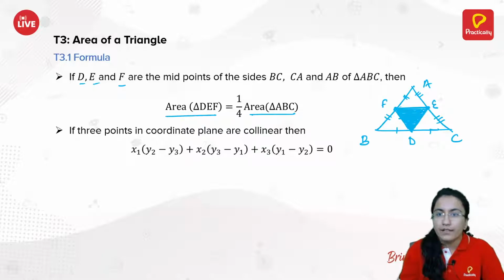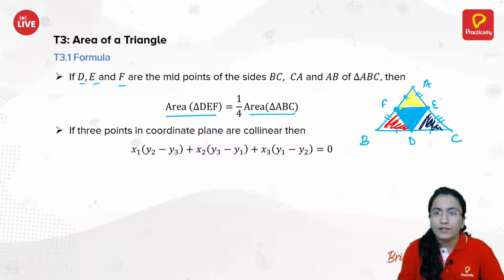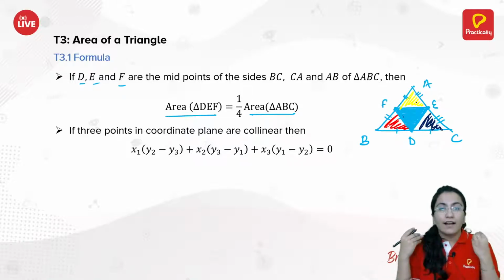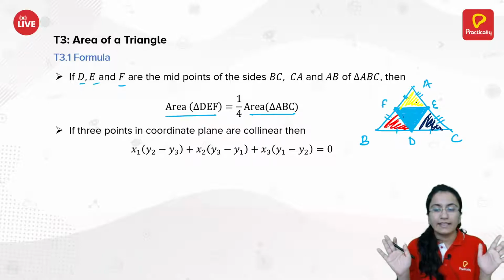Area of triangle DEF is 1/4 of the area of triangle ABC. In fact, the most important thing you need to remember, if you are curious to know, is that the area of this portion which I have marked as yellow, the area of this portion, the area of this portion which I have just marked, and the area which I first marked as light blue, all these areas are equal.